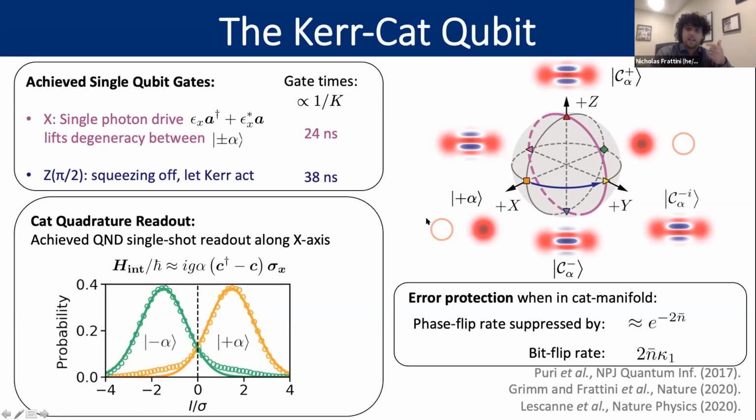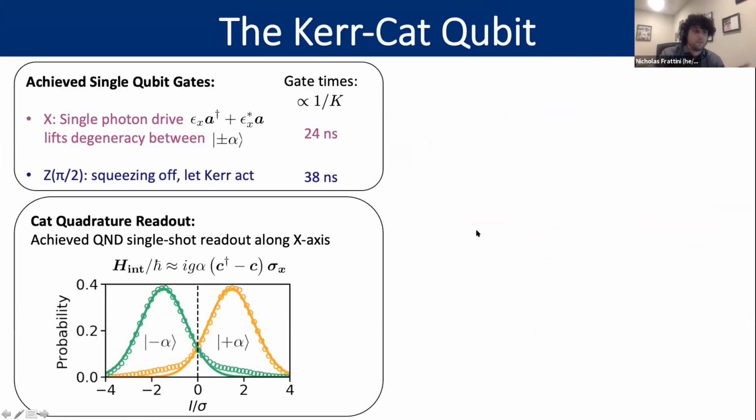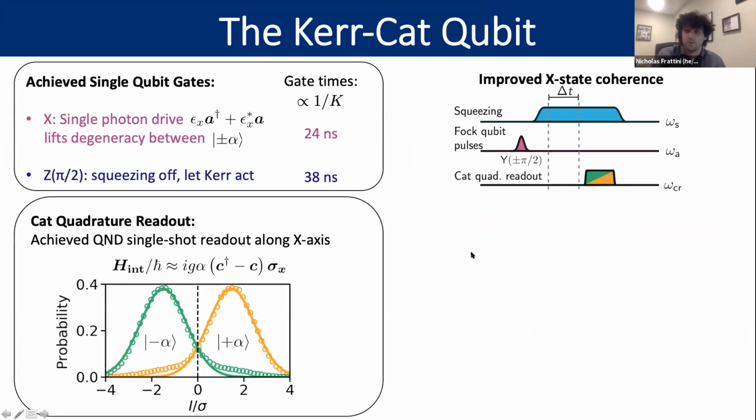So if we can do gates and we can do prep and we can do readout, that means we can measure coherence. To show you that these cat states do indeed live a long time, we first do some operations to prepare either the plus alpha or minus alpha state, wait a variable amount of time, and then turn on this cat quadrature readout.